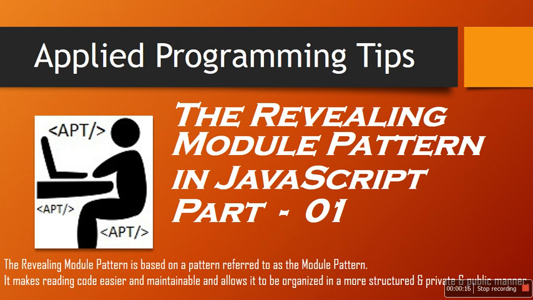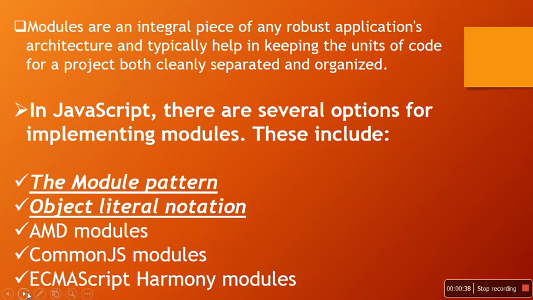So guys, the revealing module pattern is a special kind of module pattern that is used to organize JavaScript code in a modular way, right? There are multiple ways to create a module pattern, and I will be creating it using the revealing module pattern.